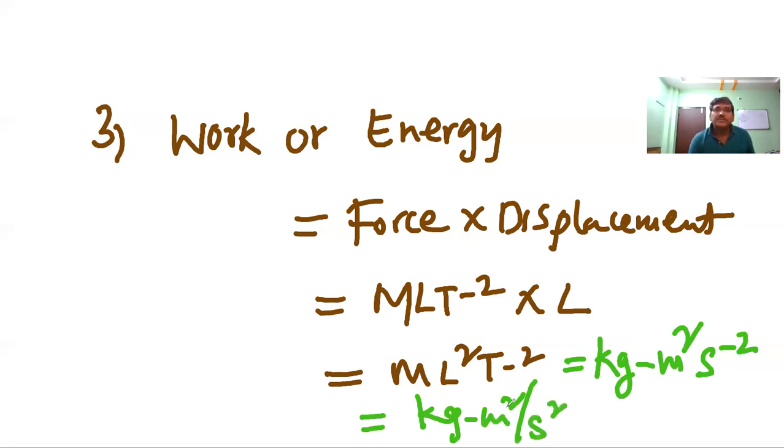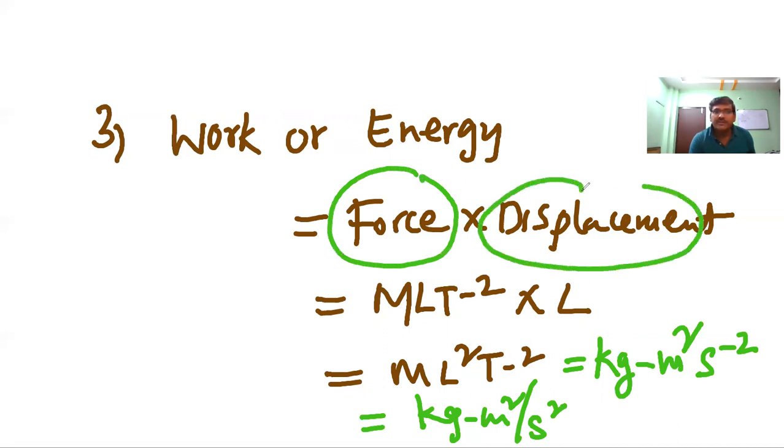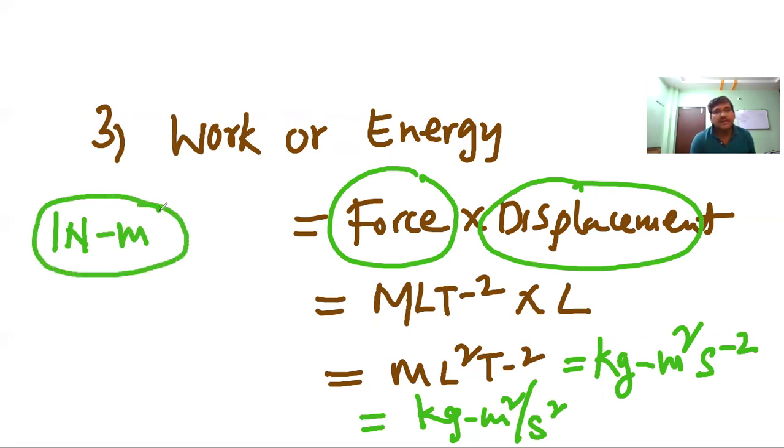And observe this: if I express it in the previous quantities, force is 1 Newton and displacement is meter. So 1 Newton meter corresponds to 1 kg meter square per second square. Afterwards, this expression can be put as 1 Newton meter.